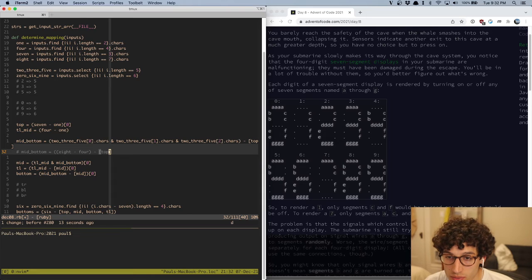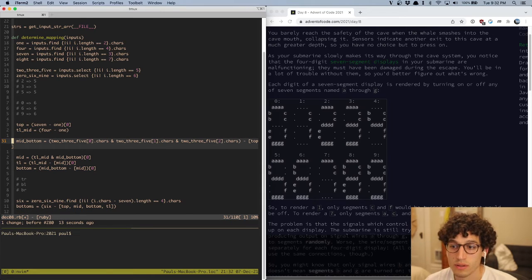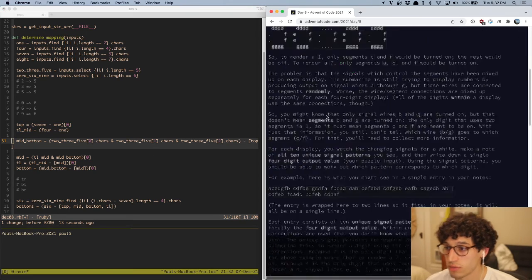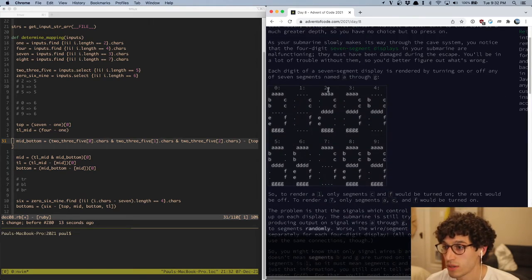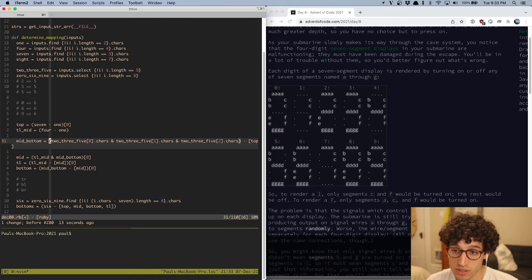Or no, oops. Okay, so this is what I did. So the 2, the 3, and the 5 all have the top, the middle, and the bottom. So I take the intersection of 2, 3, and 5.